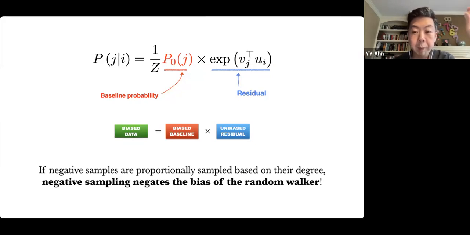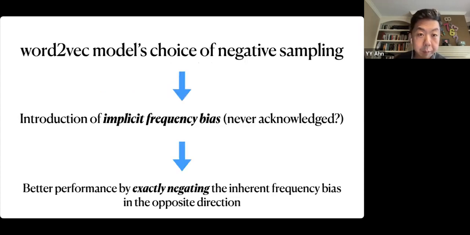But because of the implicit bias in negative sampling, that negates the random walk bias to get an unbiased residual embedding. In other words, the word2vec or node2vec method was very lucky, because they didn't realize this bias, but they happened to correct the bias in the data.